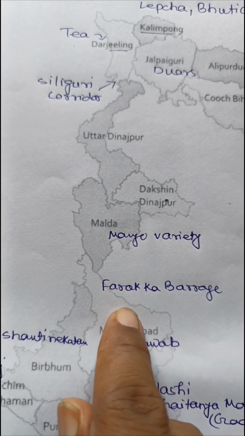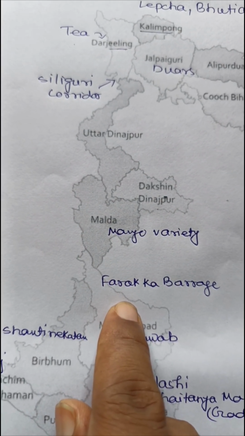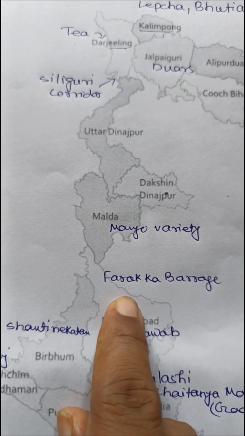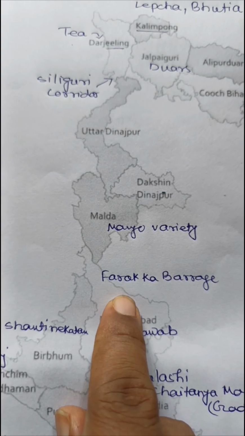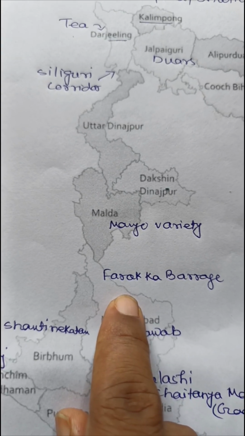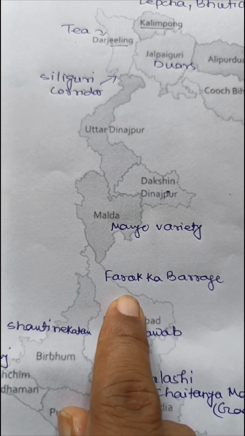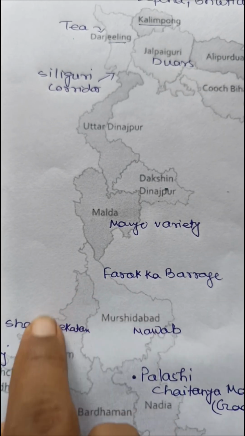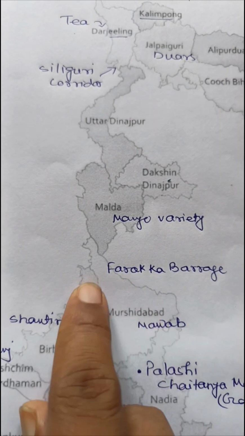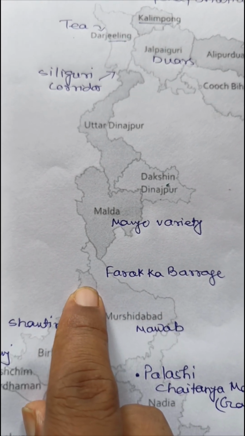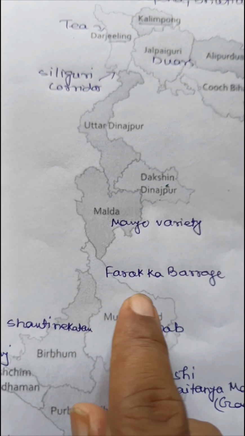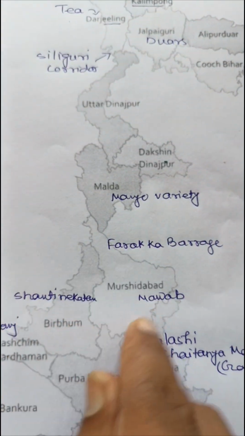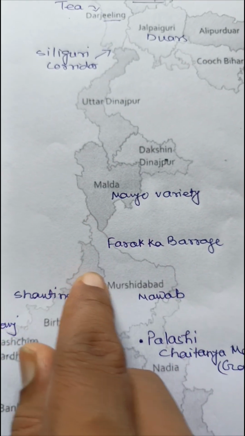It started in this region, and our national song Bande Mataram is taken from a novel written by Bankim Chandra Chatterjee, and that novel was based on the Sannyasi revolt. Bande Mataram was written by Bankim Chandra Chatterjee, and that book or novel was based on the Sannyasi revolt that started in this area of Bengal.